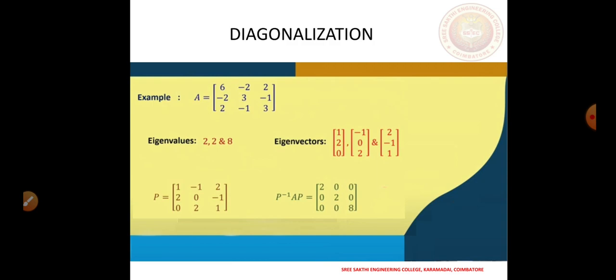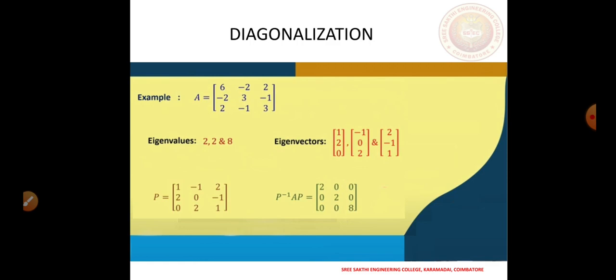In the modal matrix P we place the eigenvectors corresponding to 2 in the first two columns, and the eigenvector corresponding to 8 in the third column. Our order will remain exactly this, and it will become the diagonal entries of the matrix P inverse AP.